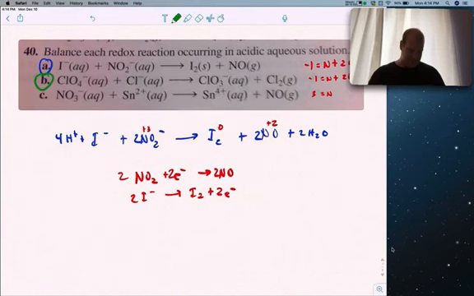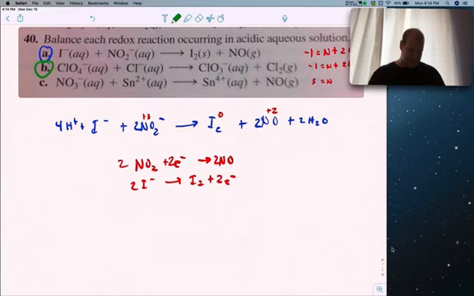Okay, ClO4 minus plus Cl minus makes ClO3 minus plus Cl2. So that's minus 1, that's 0. And then ClO4 minus, so minus 1 is going to be chlorine plus 4 times oxygen. Minus 1 is chlorine plus 4 times minus 2. 7 is chlorine.